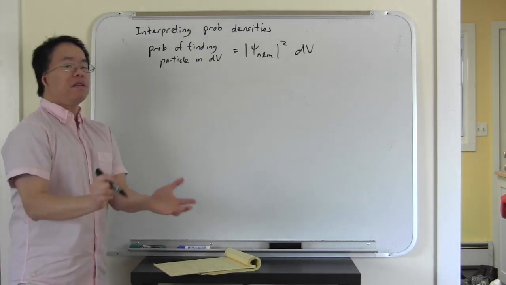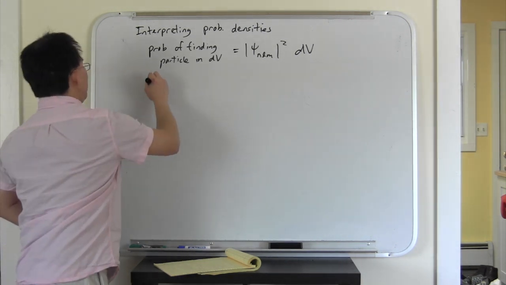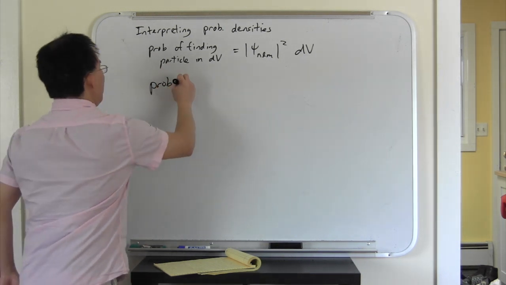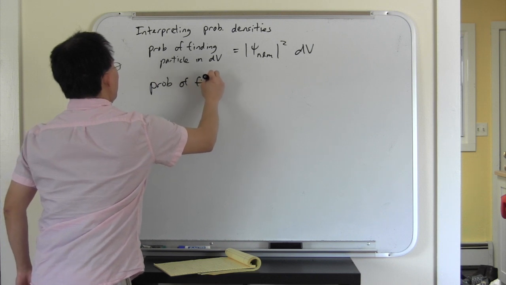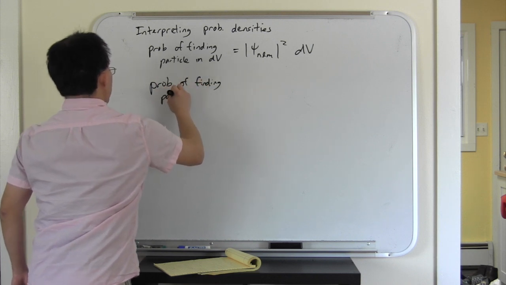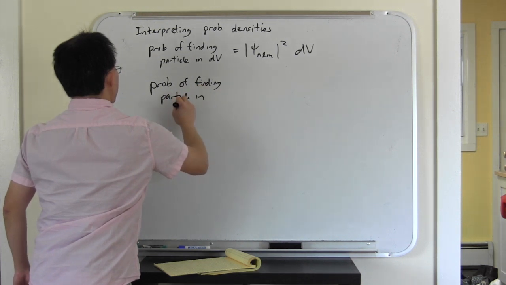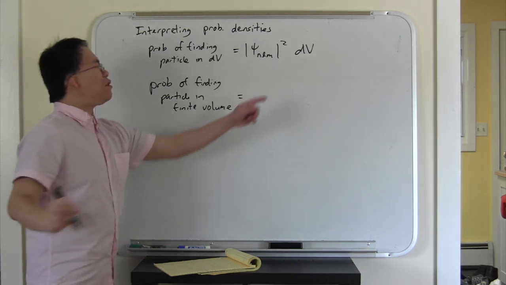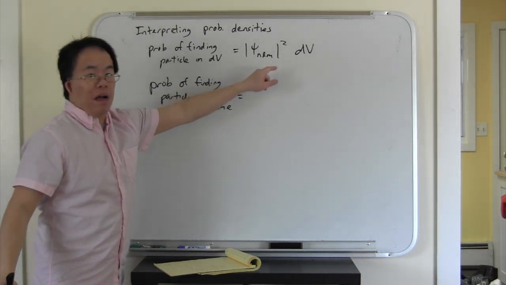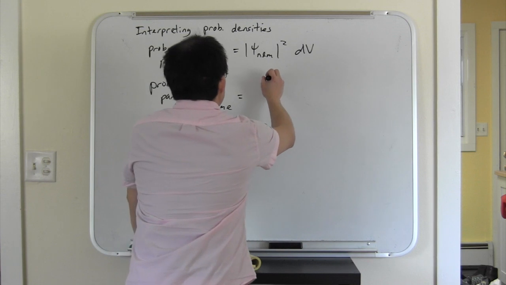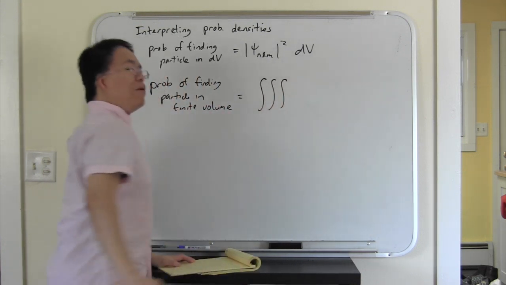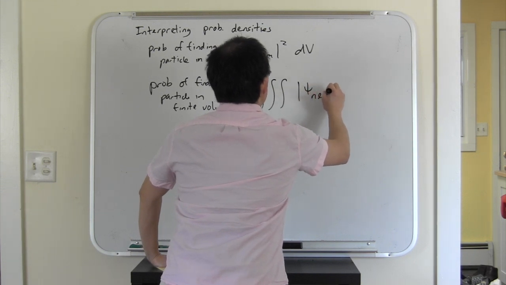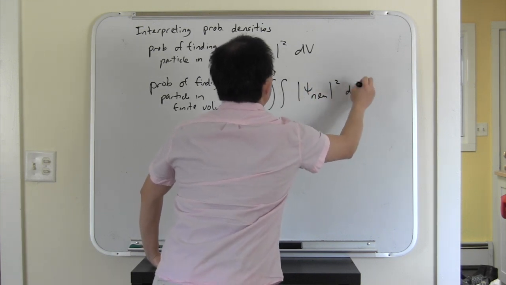And so the probability of finding a particle in some finite volume, with the appropriate bounds, is you've got to integrate this probability density. So it's going to be some triple integral in general of |psi_nlm|^2 dV.